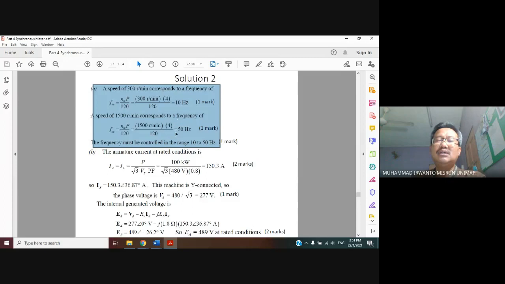Now so means if we want to adjust the speed from 300 to 1500, we have to give the frequency between 10 to 50 Hz.